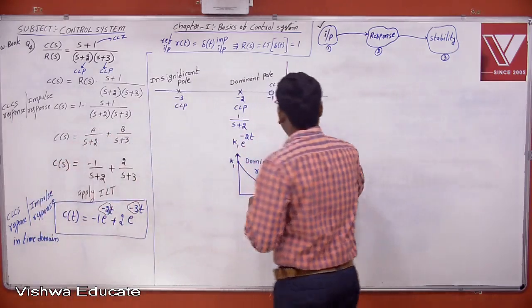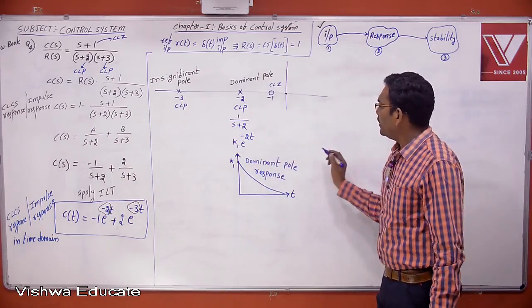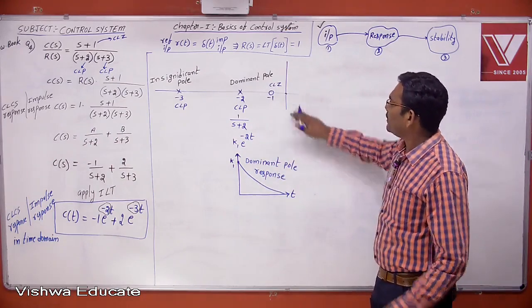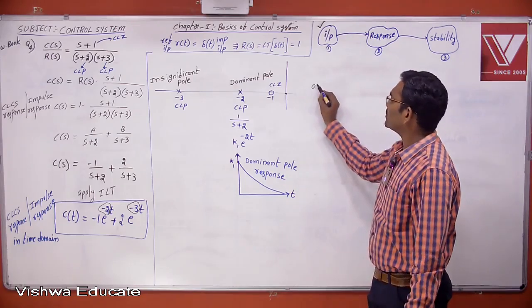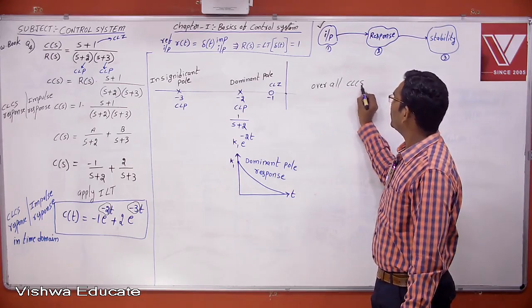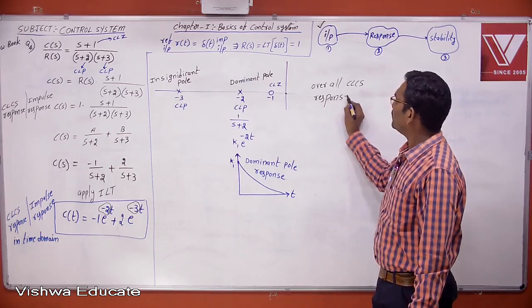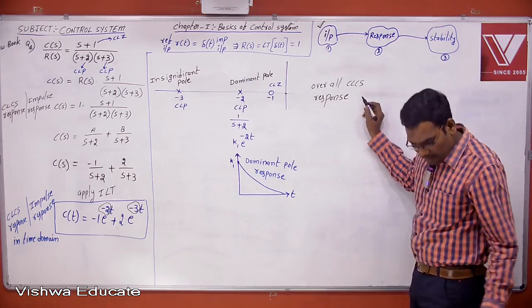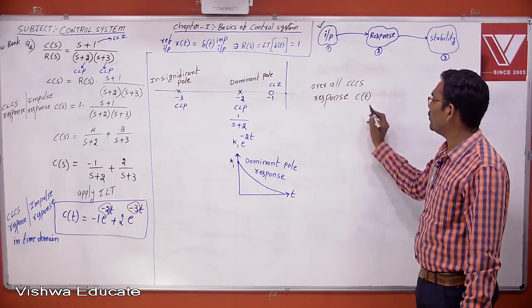Now, once you see the dominant pole, we will find directly the overall closed loop control system response. What is the overall closed loop control system response? Generally we decide it with the controlled output, the controlled response C of t.